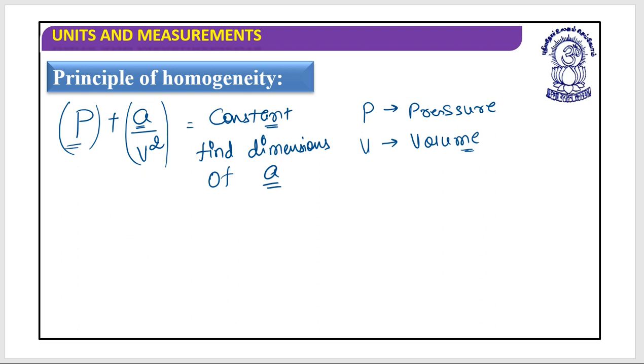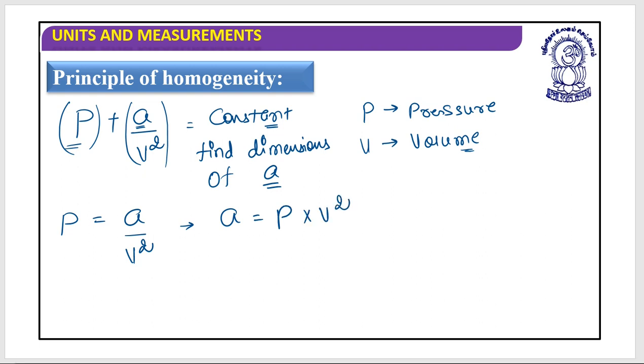So what I can write is dimensions of P would be equal to dimensions of a by V square. These two must have the same dimensions, and when these two have the same dimensions, I can write a is equal to P into V square.